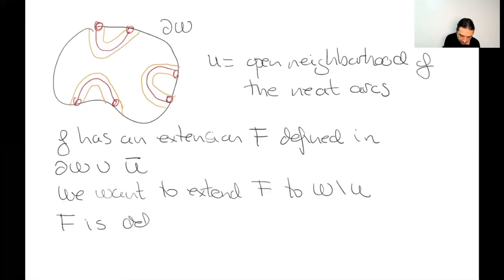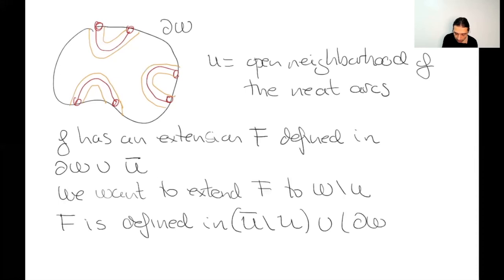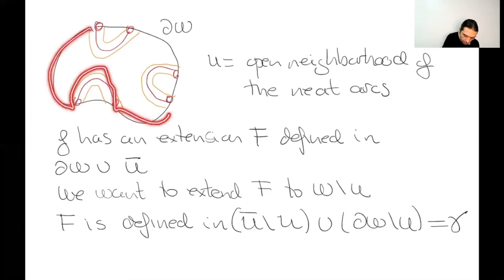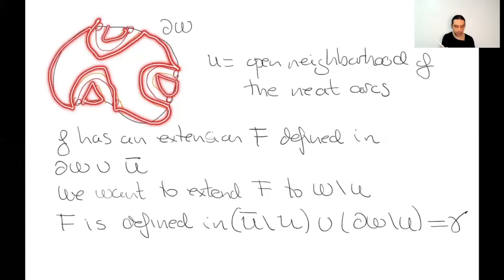F is defined in the boundary of U, the frontier of U, union the boundary of W minus U, that we can call this set gamma. So it's well defined in this part over here, and this part over here, and this part over here, and this part over here.